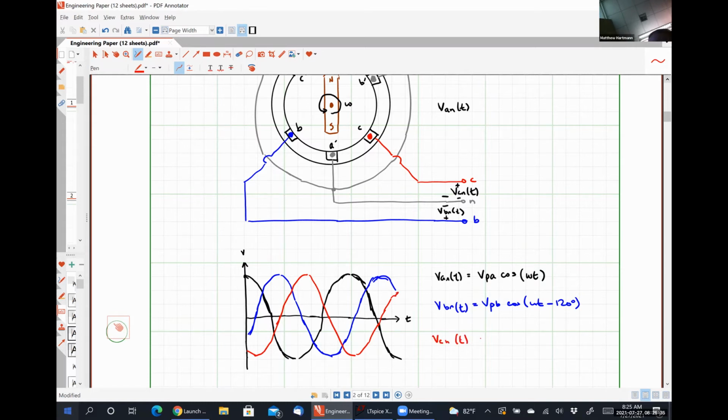VCN is equal to VPC cosine omega t minus 240 degrees.